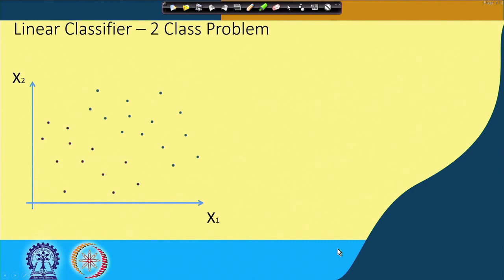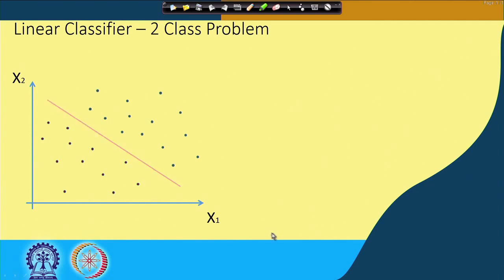You see here that the linear classifier that we are discussing is for a two class problem. That is, we have samples belonging to two different classes, say omega 1 and omega 2, and I assume that the samples are linearly separable, in which case, given these two training samples from classes omega 1 and omega 2, I can separate these samples using a linear boundary.